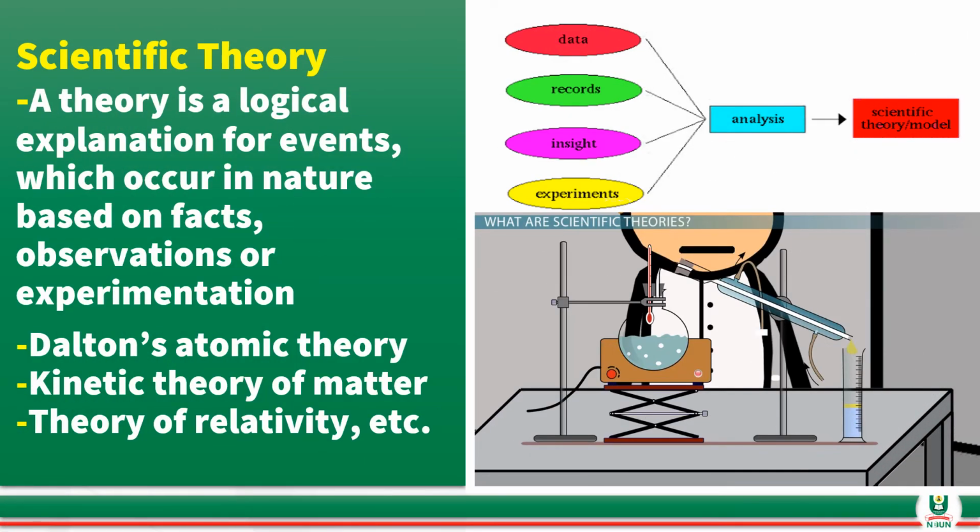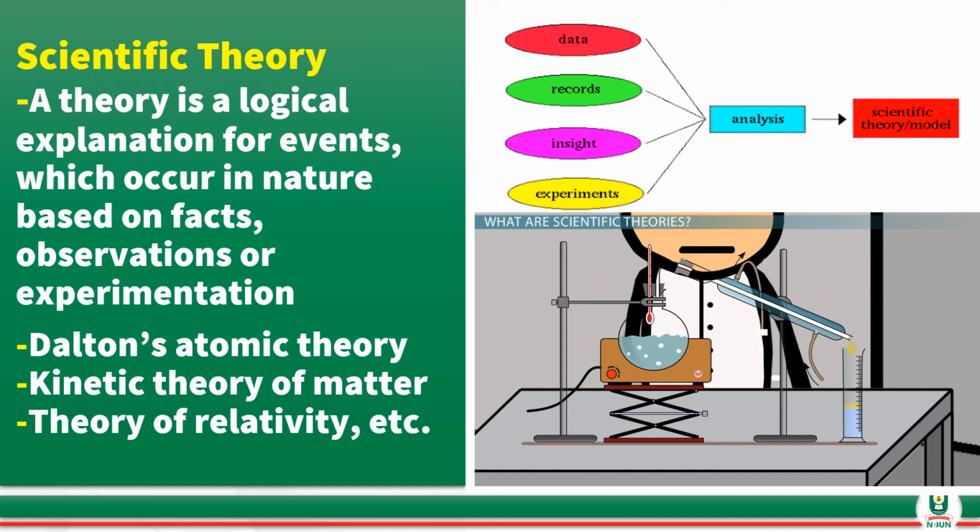Now, scientific theory. A theory is the logical explanation for events which occur in nature based on facts, observation, or experimentation. Scientists use the facts or concepts they have gathered to propose an explanation for an observed event or phenomenon.